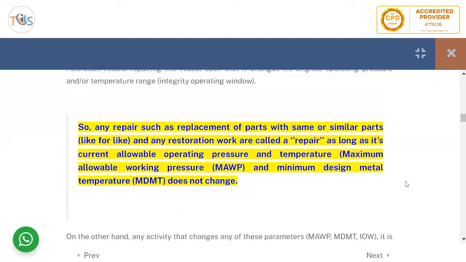So in a nutshell, any repair, such as replacement of parts with the same or similar parts, like for like, or restoration work, is called a repair, as long as the integrity operating window, such as maximum allowable working pressure or minimum design metal temperature, does not change.